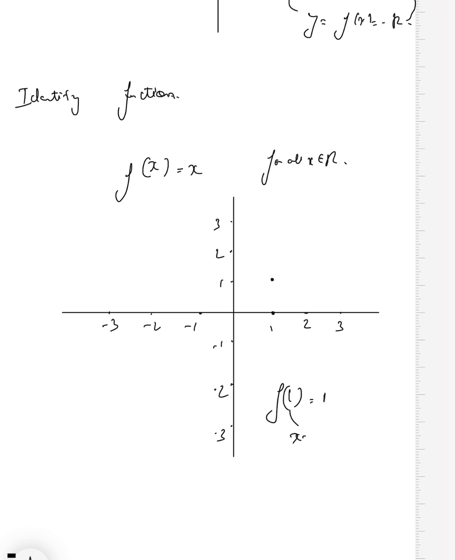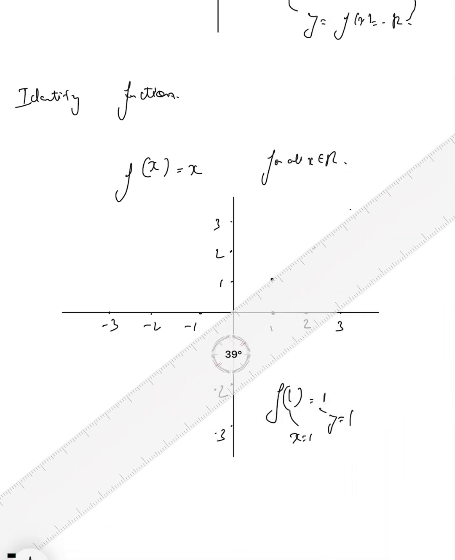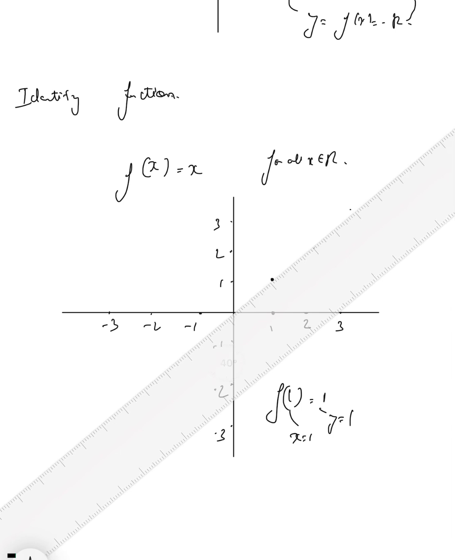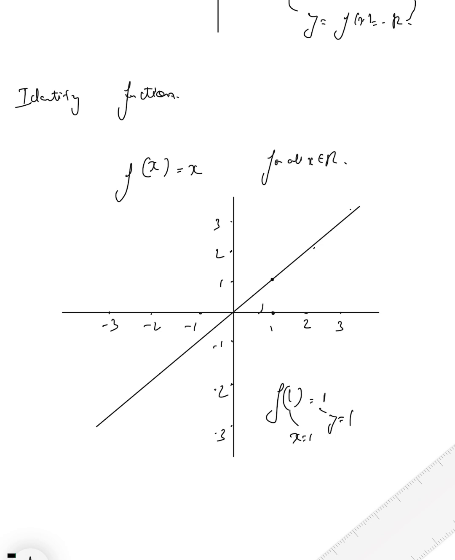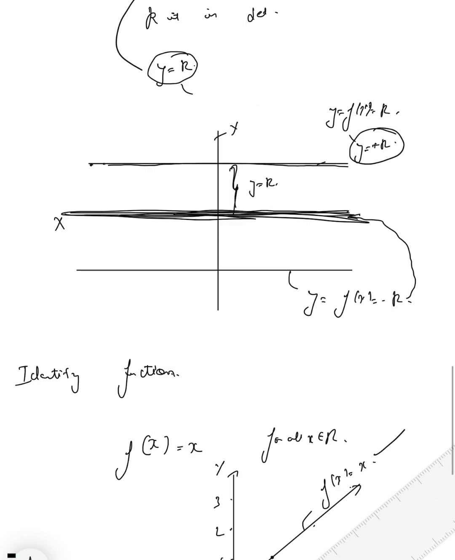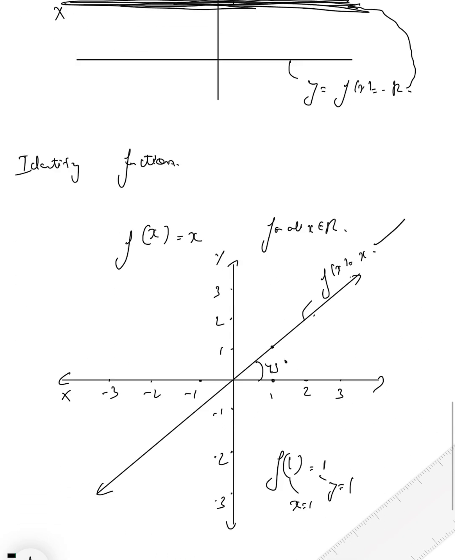If we put x = 1, we are going to get y = 1, same thing like that. So if we join these points, we are going to get a line passing through the origin, making 45 degrees with the x-axis. I think I made my point clear. So this line denotes the graph of the identity function. Any doubt? I don't think there has been any doubt because they are very easy functions.